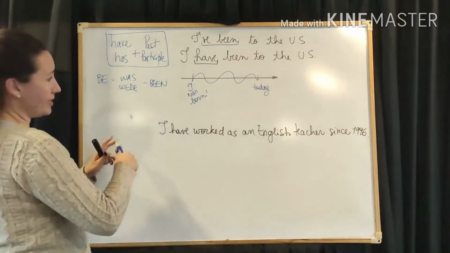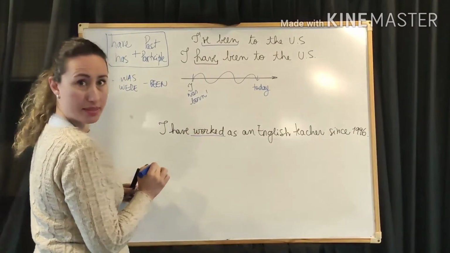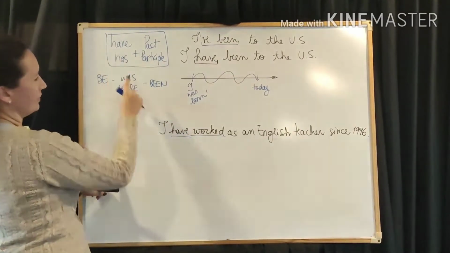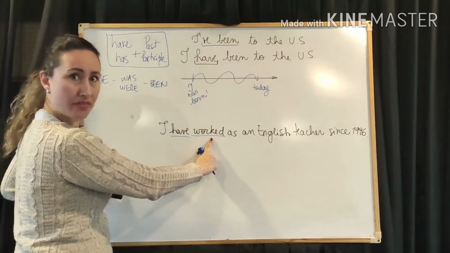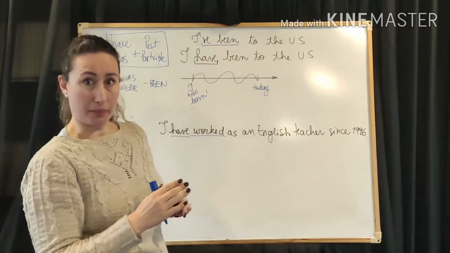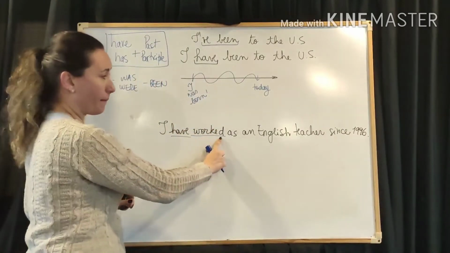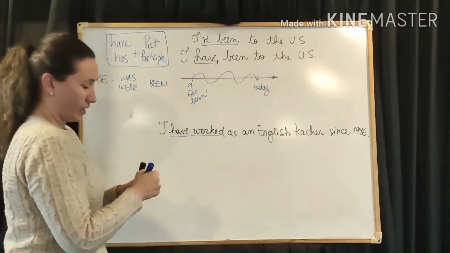To illustrate that we have irregular verbs and regular verbs. You see that the formula, this structure is the same, okay? And this is the past participle of the verb work because it's a regular verb. So regular verbs, it's the same in past simple and past participle. It ends with ed, okay?